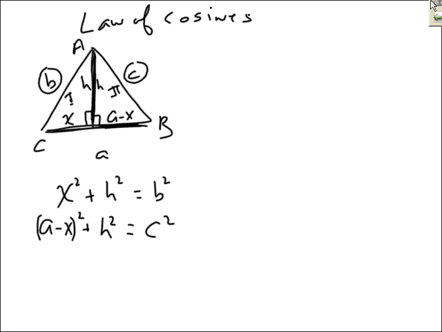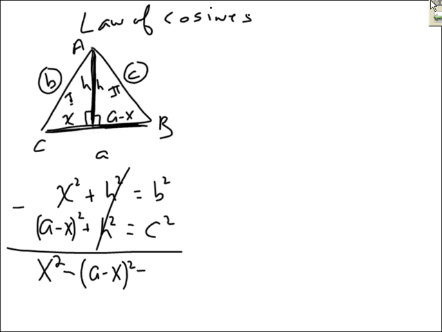Now I subtract mainly to get rid of h. h squared minus h squared is 0. So I have x squared minus (a minus x) squared equal to b squared minus c squared. Let me clean up the left side. x squared minus (a minus x) squared is x squared minus a squared plus 2ax minus x squared.